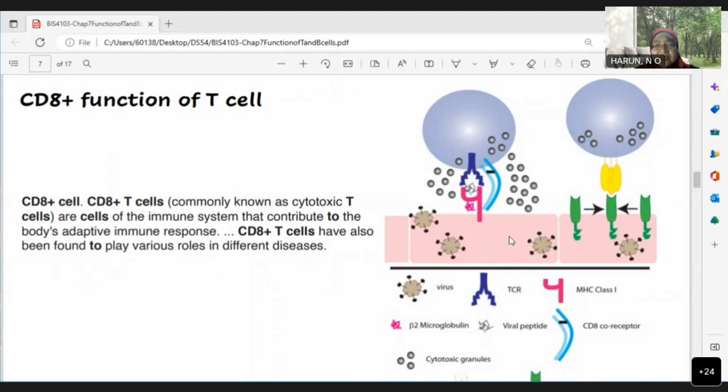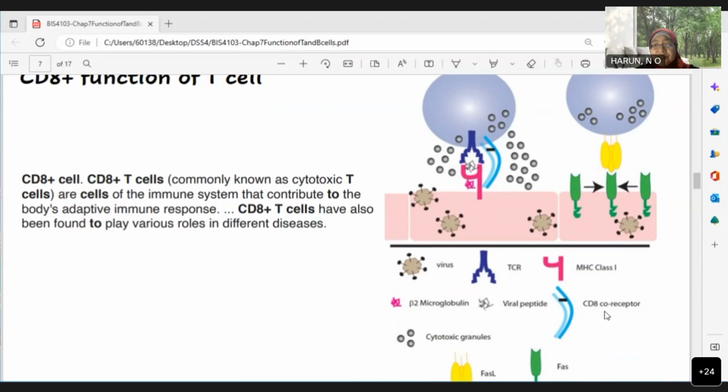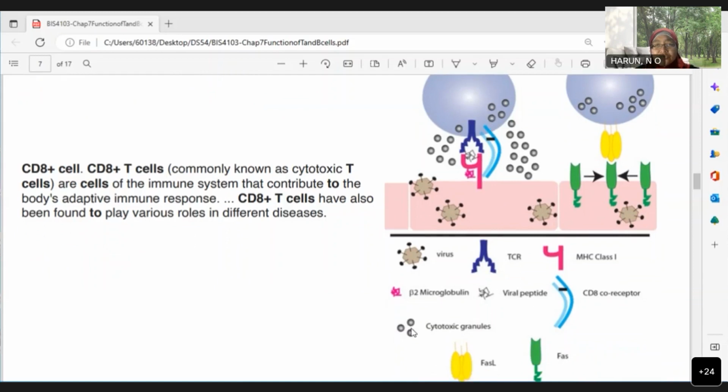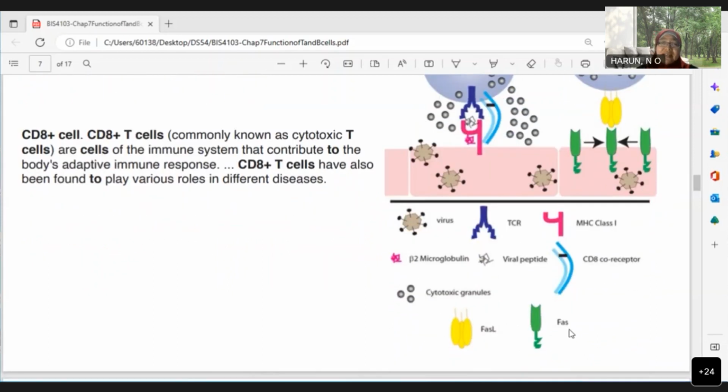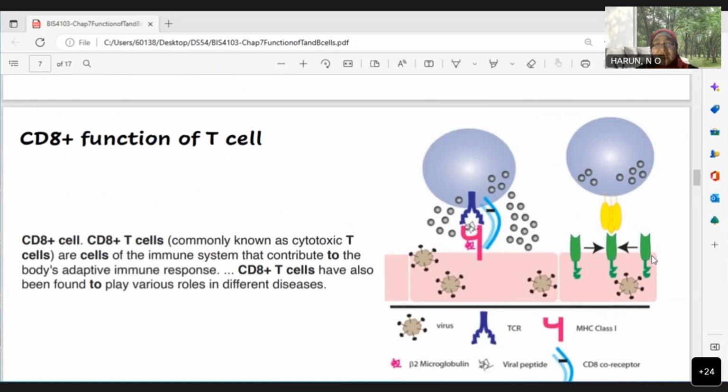So please assume that this pinkish block is our APC. And the CD8 plus co-receptor, the red one, is the CD8 plus co-receptor. The small greyish particles are cytotoxic granules. Another molecule involved in this particular complex is FasL and also Fas. Later we will look at what FasL and Fas are. So roughly this is how it looks for the CD8 plus function of the T cells.